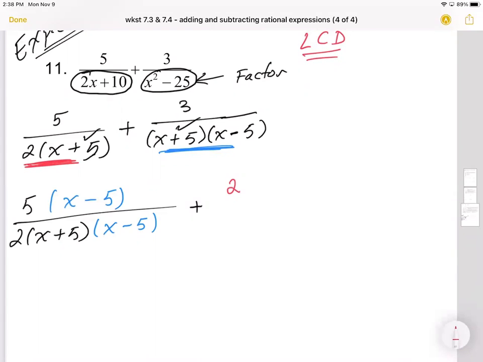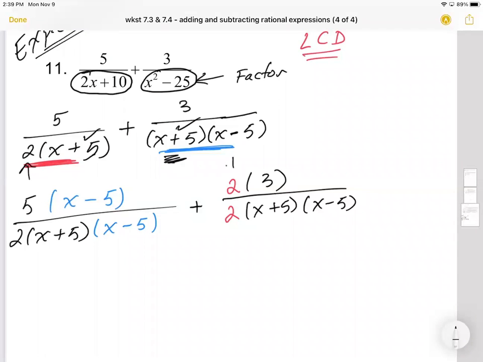If I put in a 2 on the denominator, I need to put in a 2 on the numerator. And that's what I did. On this side, I'm missing a 2, so I put in a 2. On this side, I'm missing the x minus 5, so I put in the x minus 5.